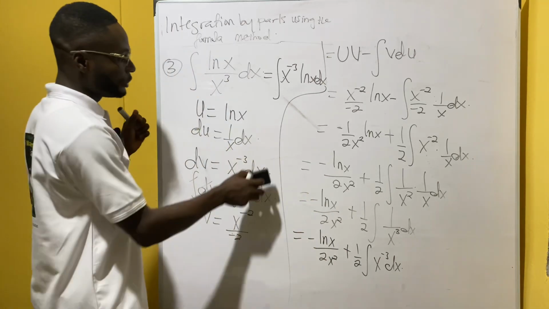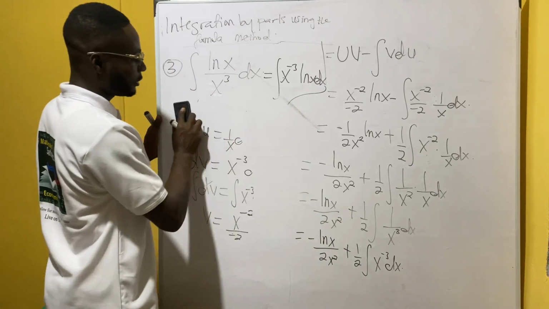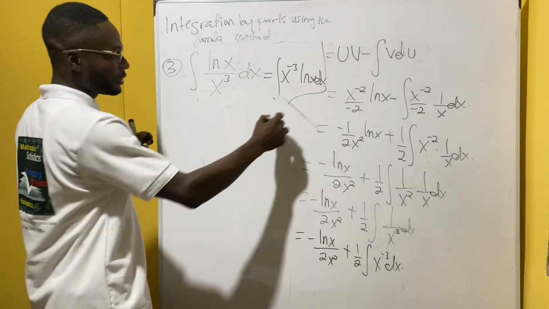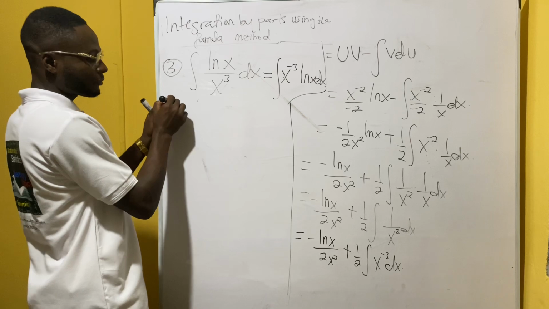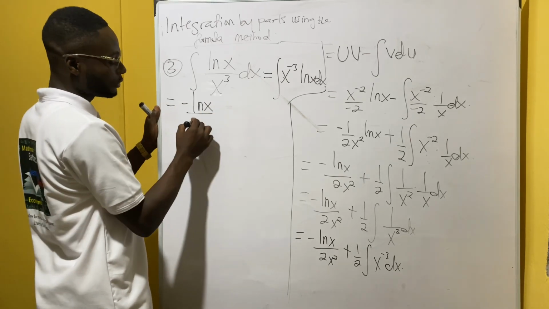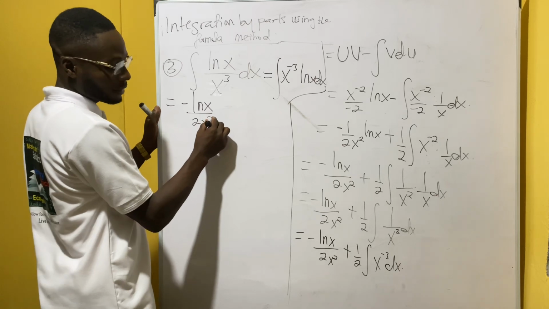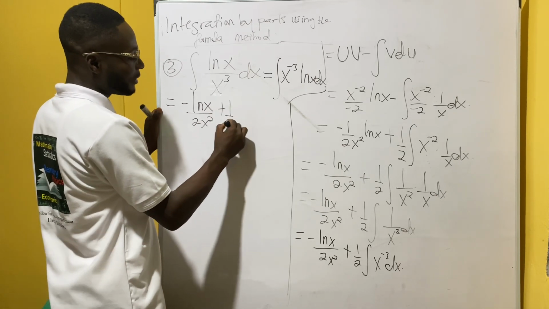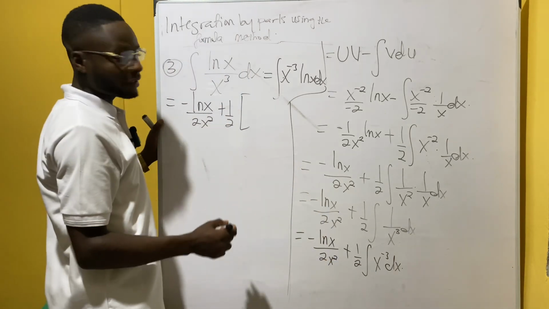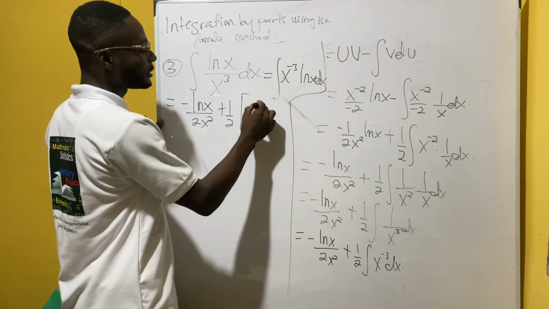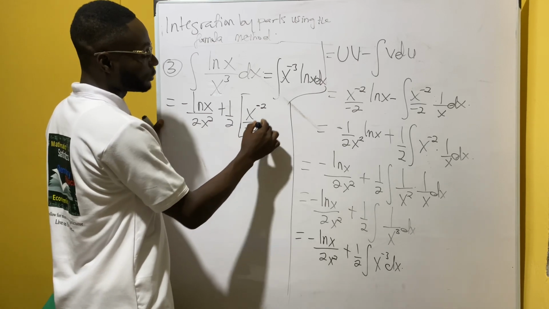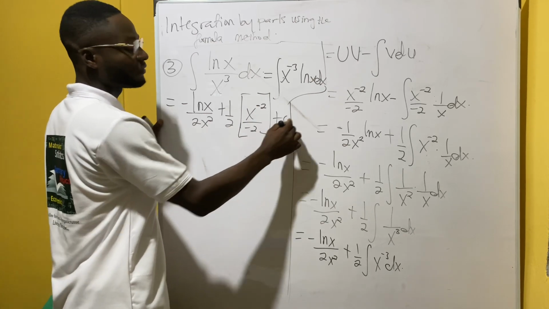So when we do that, it means we are going to have negative ln x on 2x squared plus half into integral of x power negative 3, which is x power negative 2 all on negative 2, plus a constant of integration.